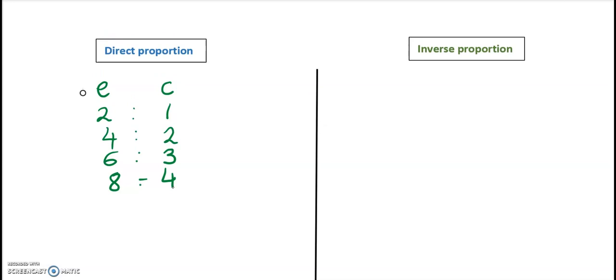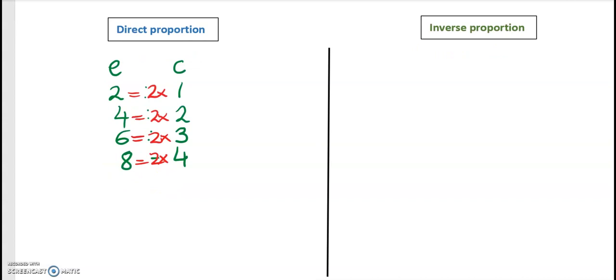So if you look at the numbers closely, how did we make 2? Or what do you do to 1 to get 2? What do you multiply it by? And that is 2. So 2 is equal to 2 times 1. 4 is equal to 2 times 2. 6, 2 times 3. 8, 2 times 4. 2 is a constant value that is not changing because that's actually the number of eggs you're going to need for each cake.